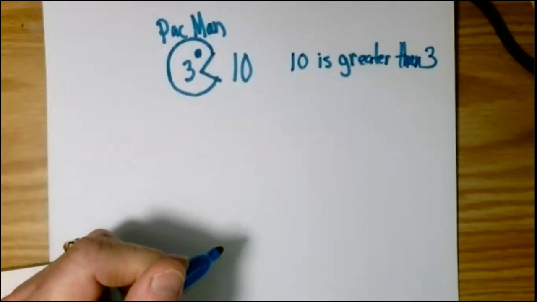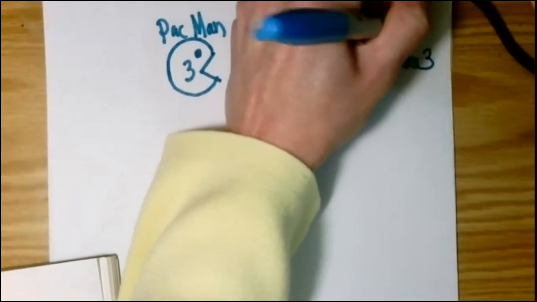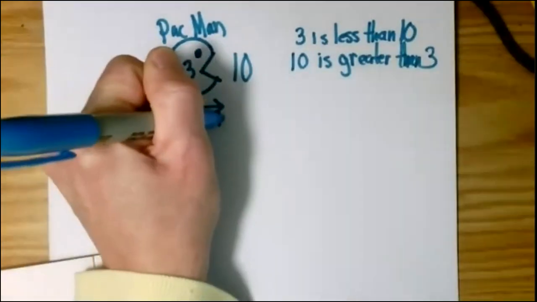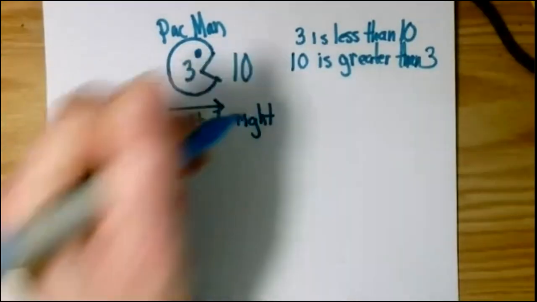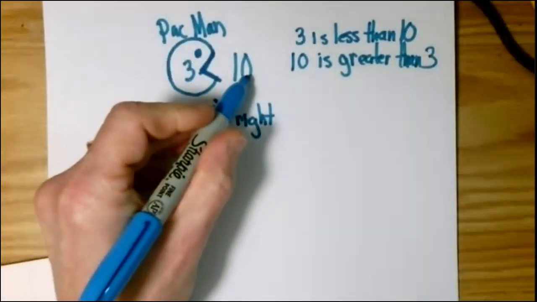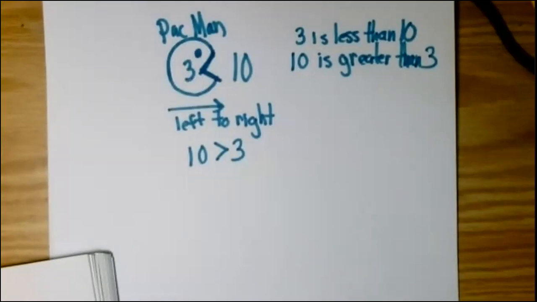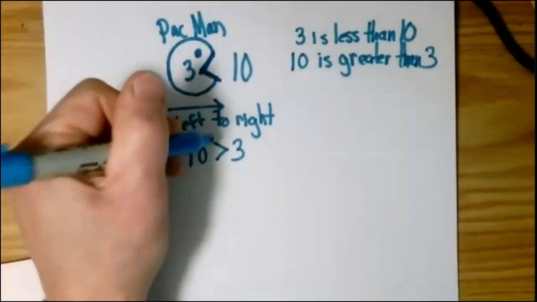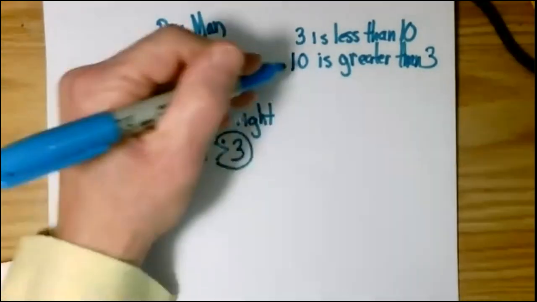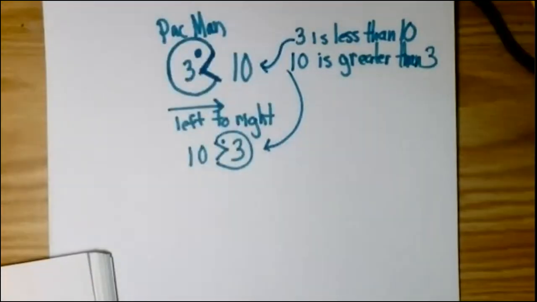But I would read this as 3 is less than 10 because you read from left to right. So in our case, 3 is less than 10. If it was written like this, now Pac-Man is still eating the bigger number, he's just going the other direction. 10 is greater than 3. So this one goes with that statement, and that one goes with that statement.